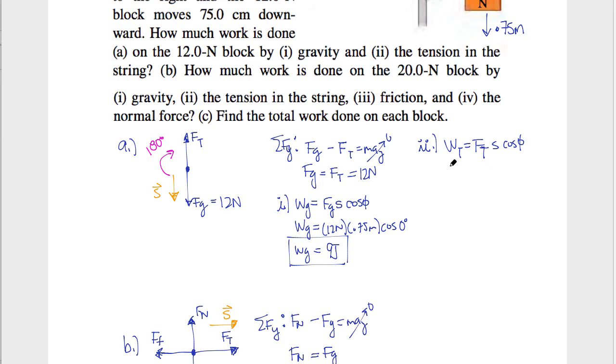So when I go in and substitute, the work tension will be equal to my force of tension, which is 12 newtons, times my displacement of 0.75 meters, times the cosine of 180 degrees. So when I go through and calculate this, I should figure out that this is a negative 9 joules. And that's it for work done on the first block.